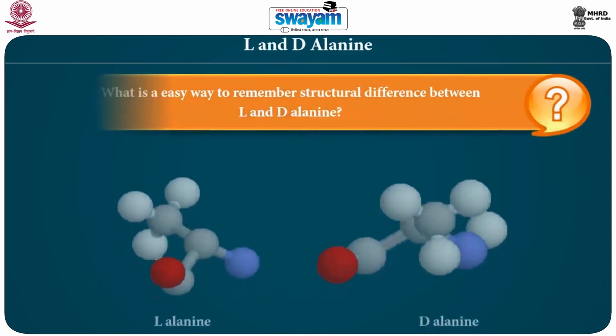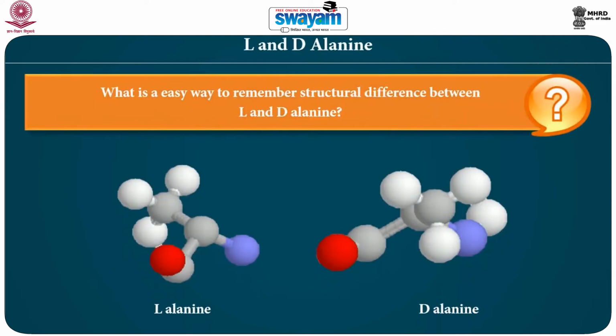If I show you only a picture of L-alanine and D-alanine, how will you recognize it? There has to be some easier way to recognize the difference between L and D-alanine. What is the difference between L-alanine and D-alanine?